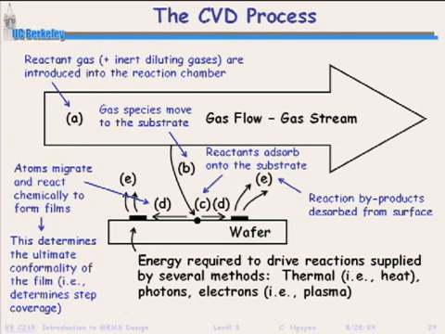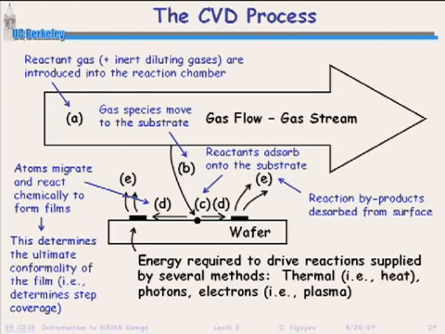So after this migration, you get the reaction. And here's the reason why there aren't an infinite number of these reactions. Not only do you have to have a reaction that occurs that creates the material that you want to deposit, you better have byproducts, and all chemical reactions have byproducts. One of them is what you want. The other things maybe not what you want. But those other byproducts better be gaseous, or at least better be removable in some way.